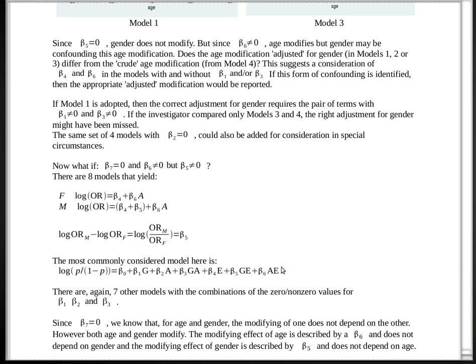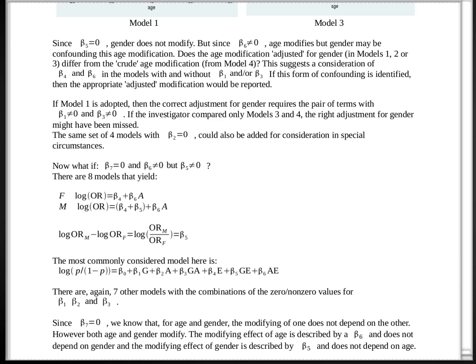All right, this is the situation in which all that's missing is beta 7. But there are indeed here 7 other models that might be involved. The crude, again, would be, I guess, model 8 if I was to have listed them all here. But there, again, is all these intermediate forms.